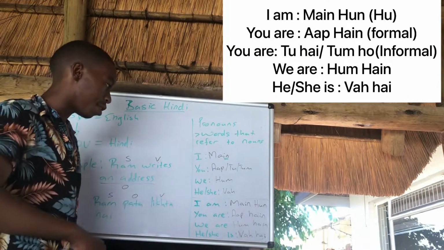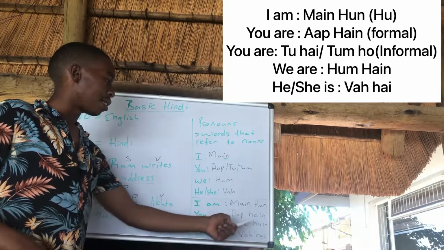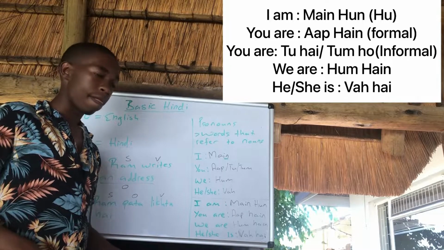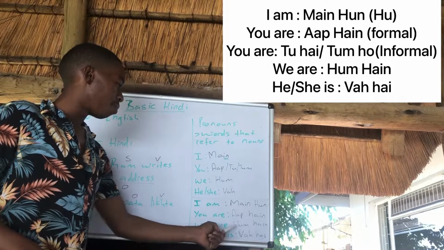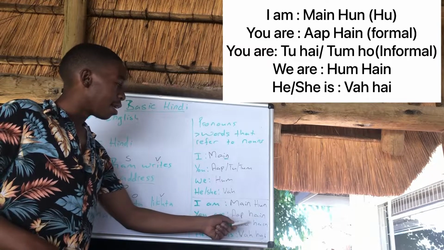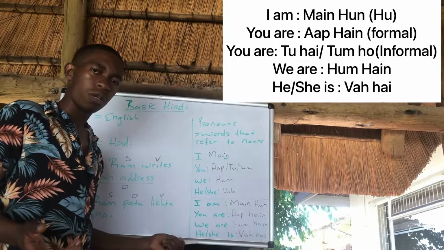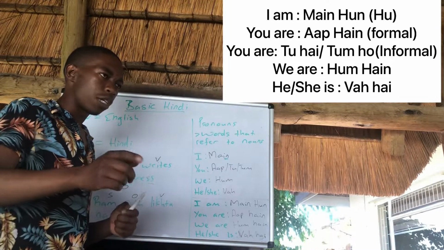Now look at the difference here. When you're using the word aap, the sentence ends in hain. When you're using the word hum, the sentence also ends in hain. Hain is used when something is plural. But this is what I want you guys to understand.